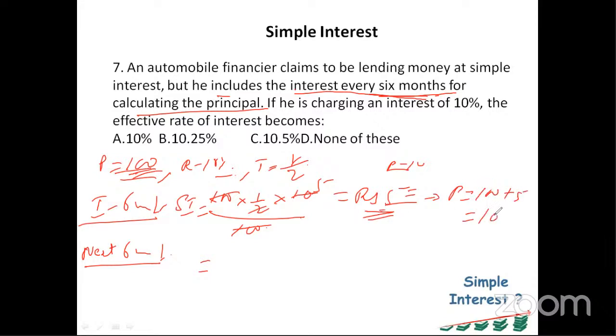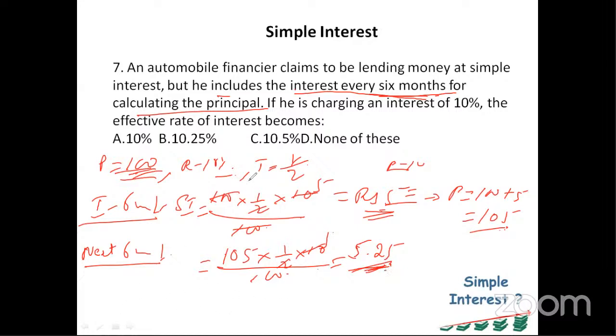So the principal became 105 rupees for the next 6 months. So instead of 100 rupees, we write 105 into the same 1 by 2 into 10 divided by 100. Again doing the calculation, since he increased 5 rupees here, we get the simple interest as 5.25 rupees.